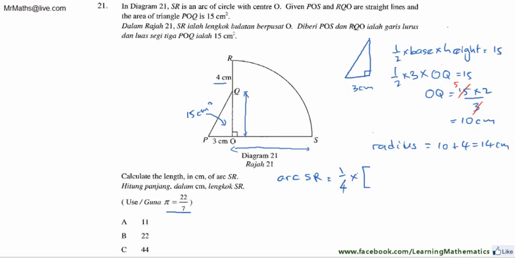Okay, 2 pi r. This is the formula of the circumference of a circle. So that is equal to 1/4 times 2 pi r, 22/7, r is 14.